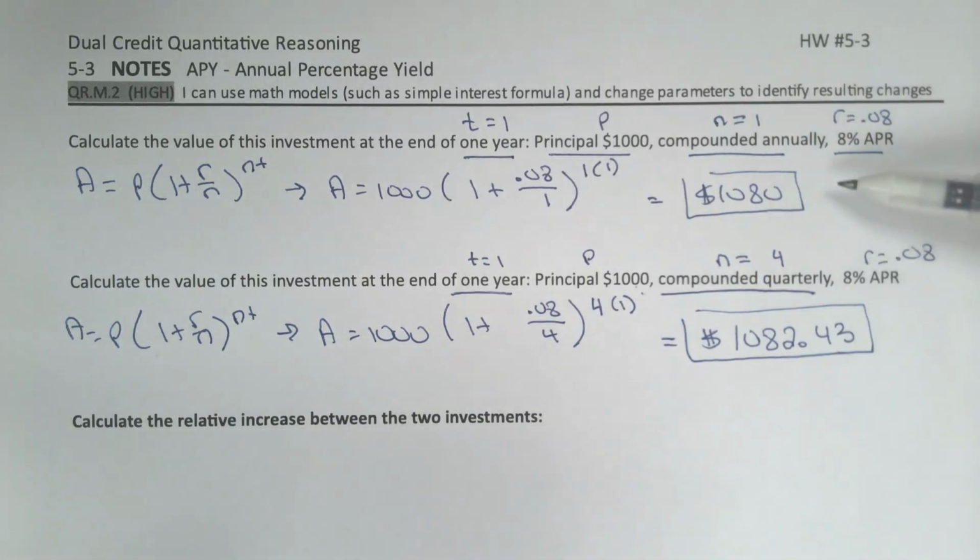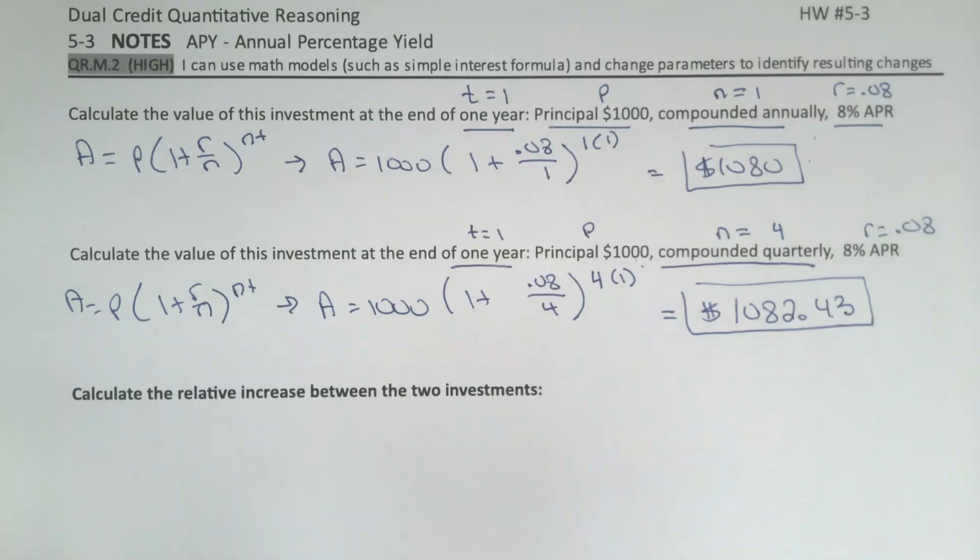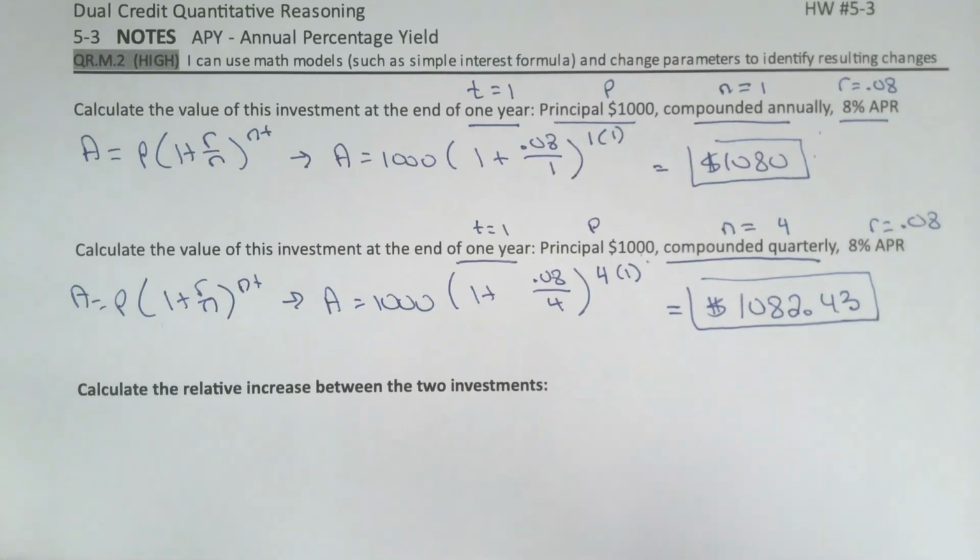So what we've learned is that when it compounds more often, then you earn more money because it is compounding the interest from every single time it compounds, and it's building on one another. So we are going to calculate the relative increase between these two investments.